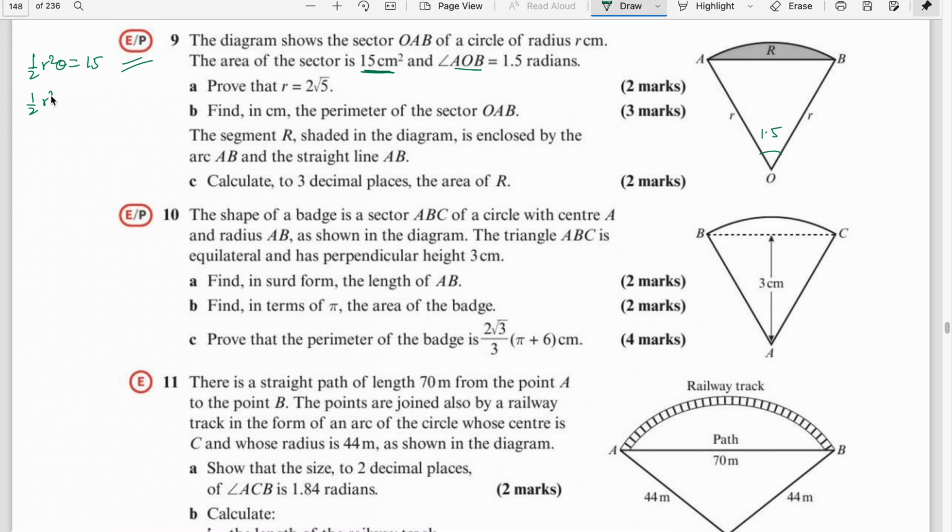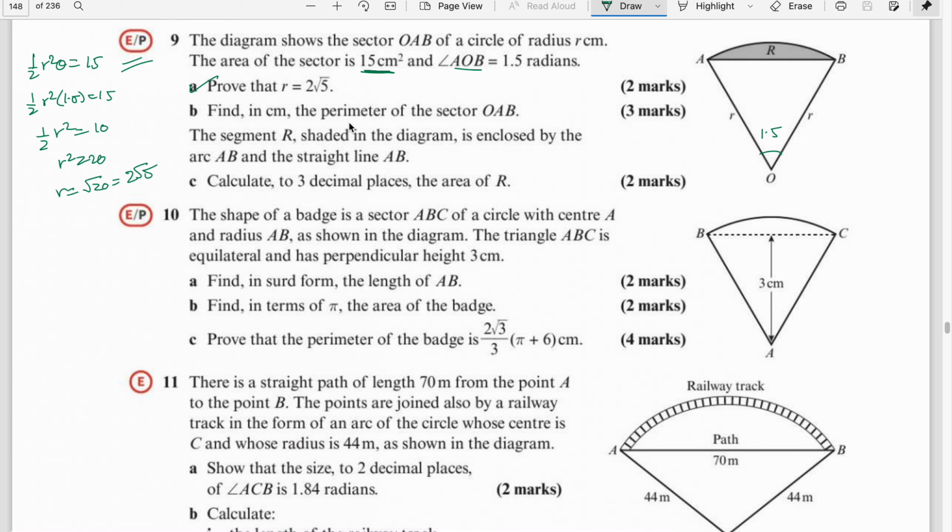So 1 over 2, r square is unknown, theta is 1.5, is equal to 15. So 1 by 2 r square is equal to 15 divided by 1.5, which is 10. R square is equal to 20, r is equal to square root 20, and square root 20 on the calculator is 2 square root 5. Proved.